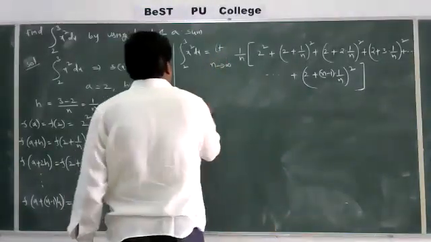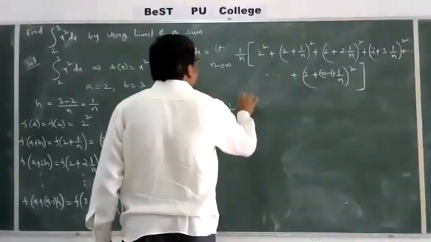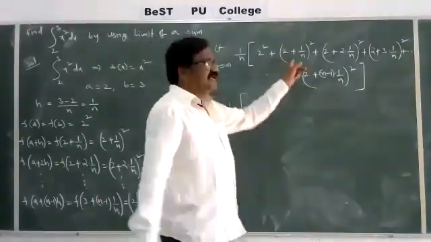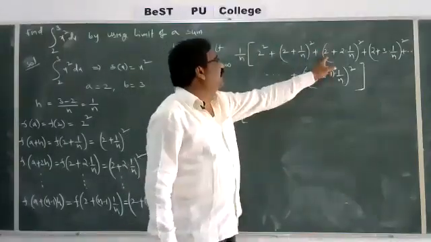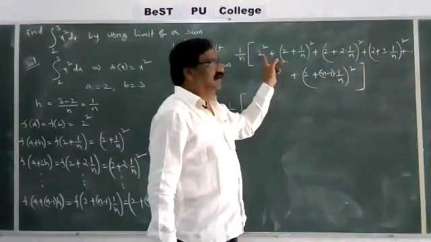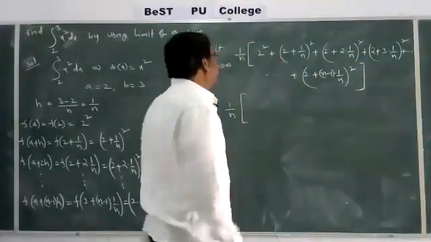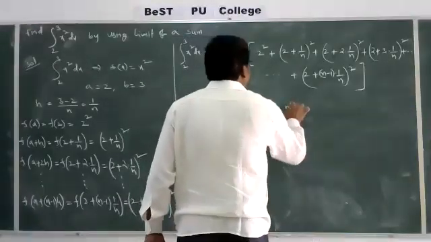That is equal to limit n tends to infinity 1 by n. For example, here expanding, in this bracket you get 2 square, in this bracket you get 2 square, in this bracket you get 2 square, up to n terms. That is 2 square plus 2 square plus and so on n times.